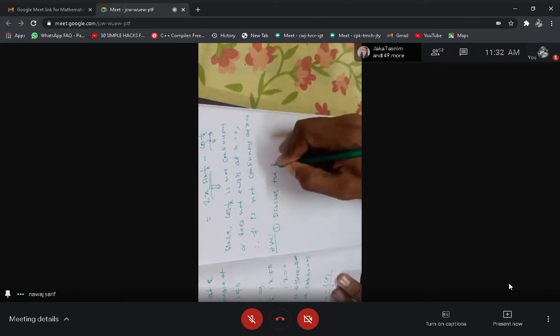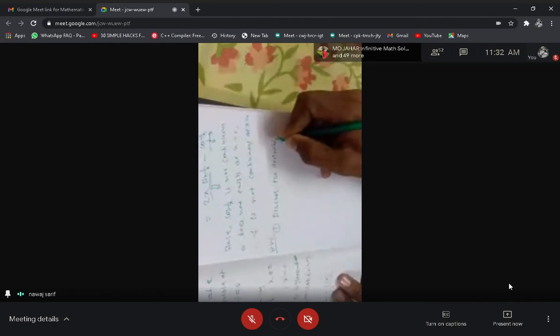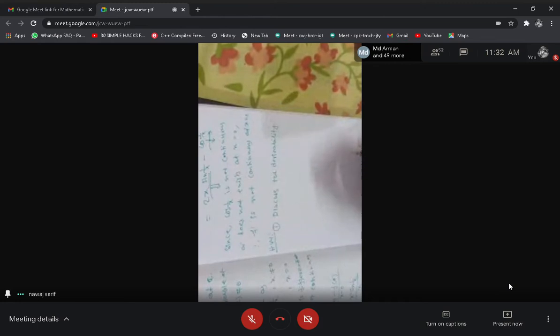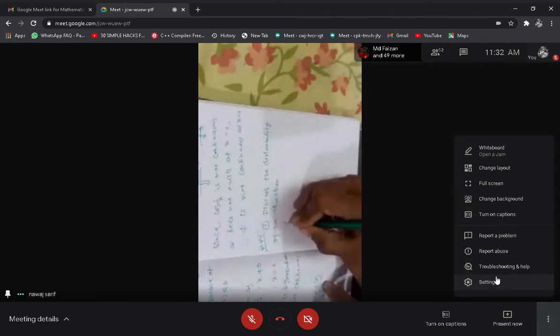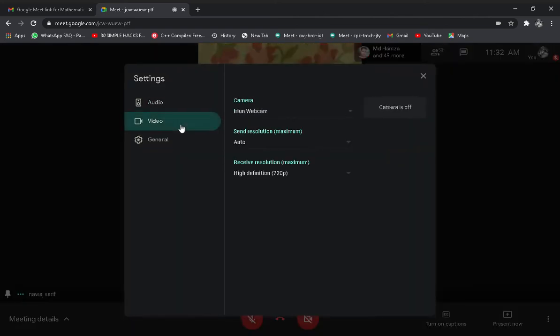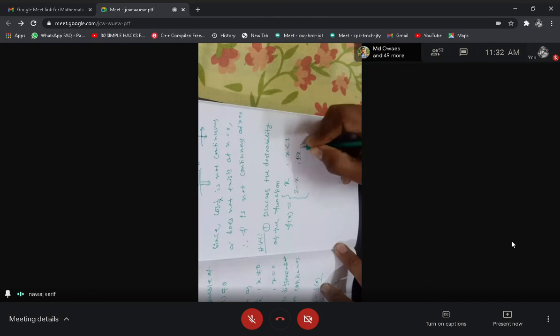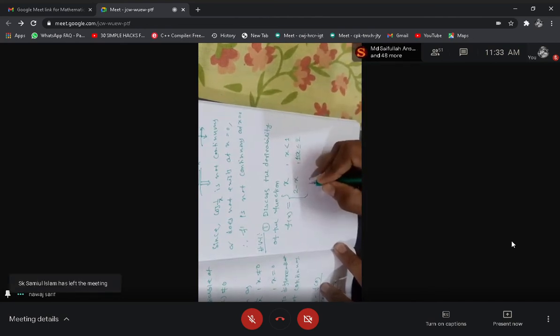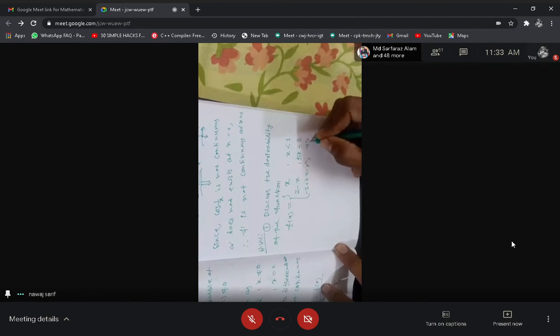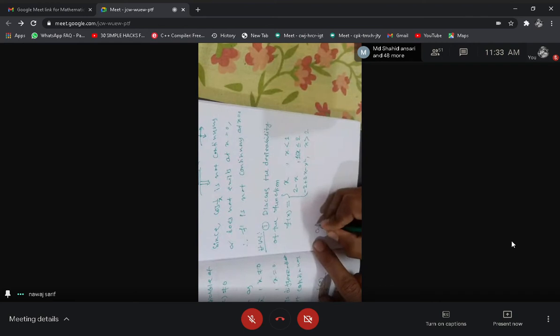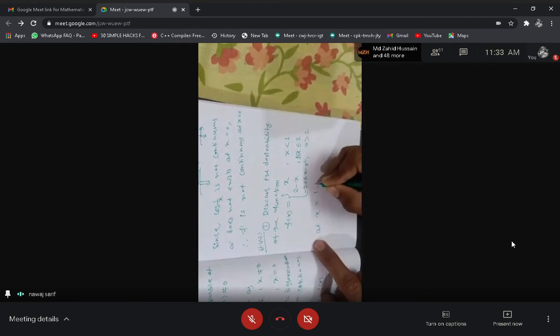Discuss the derivability of the function f(x) equal to x when x is less than 1, 2 minus x when 1 is less than or equal to x less than or equal to 2, and minus 2 plus 3x minus x square when x is greater than 2, at x equal to 1, 2.